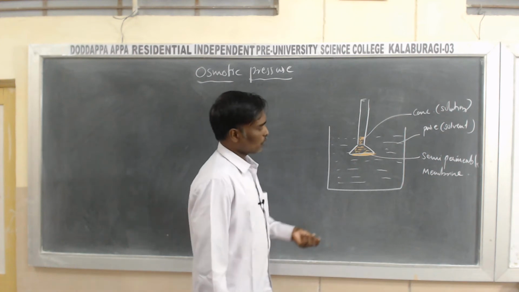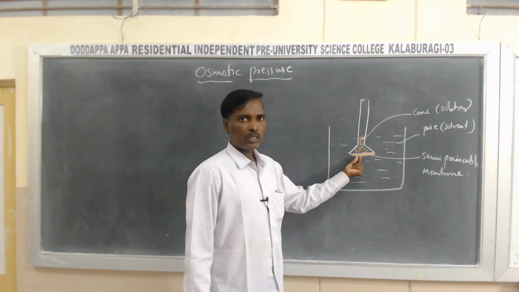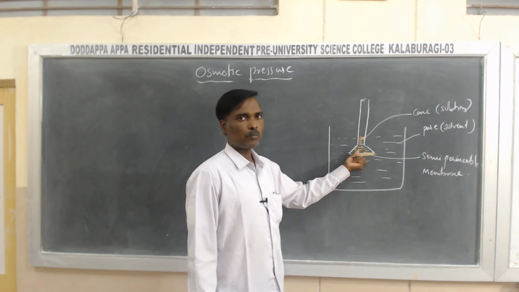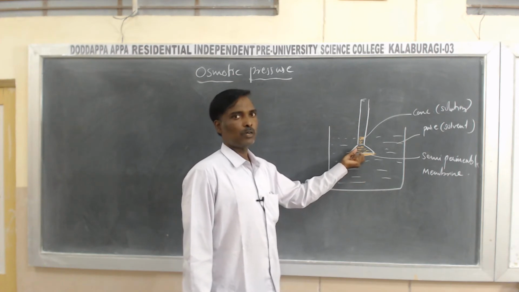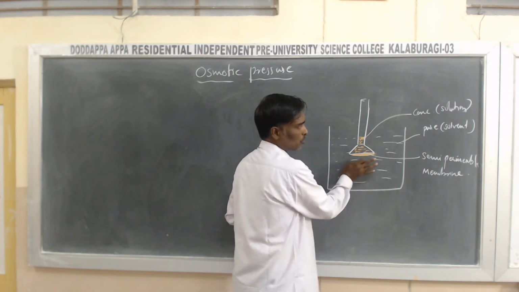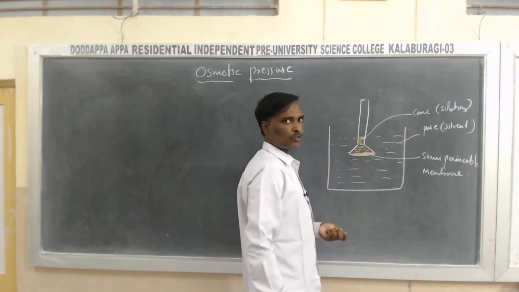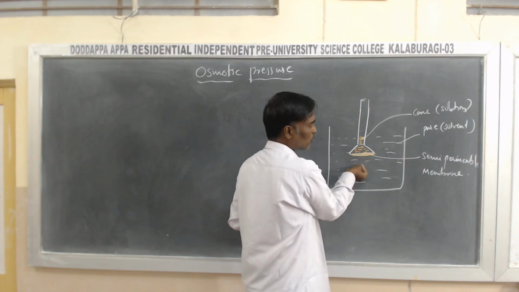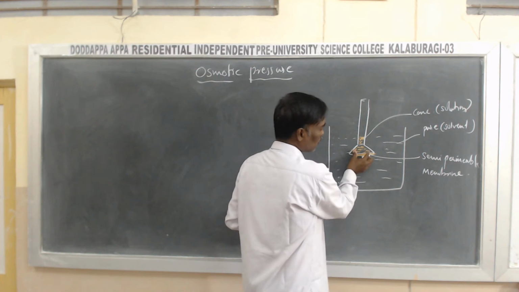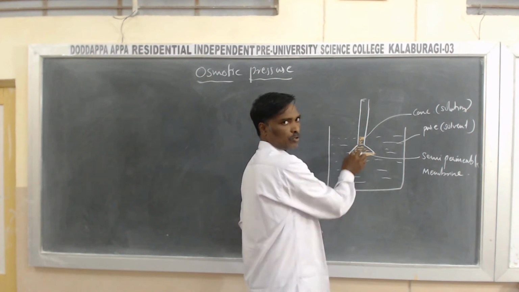So it permits only the solvent molecules to pass through it, not the solute particles. Here it contains only solvent molecules, a pure solvent, and in the funnel it is a high concentrated solution, so it contains solute particles as well as solvent particles.